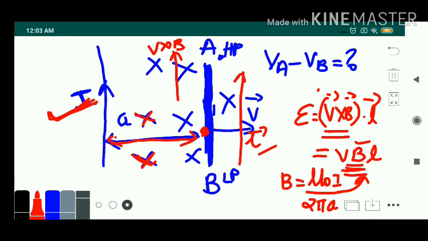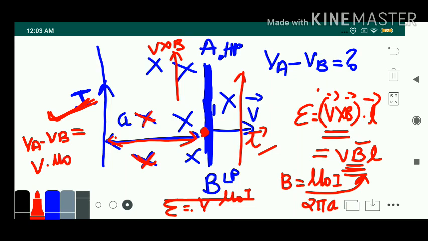I'm writing here: VA minus VB, or the EMF, is equal to V mu 0 I divided by 2 pi A, times L. This is our answer. Clear?